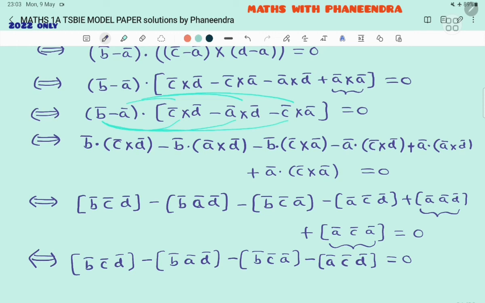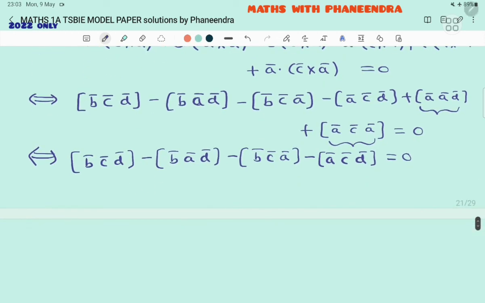So, in the answer we need to give in RHS A bar, B bar, C bar, no. The first term they are asking to prove is box BCD only. BCD it is there. Next in the second box, CAD is there, but you have to arrange in the order ABD. If you interchange these two, this minus value will become plus. So, plus A bar, B bar, D bar.